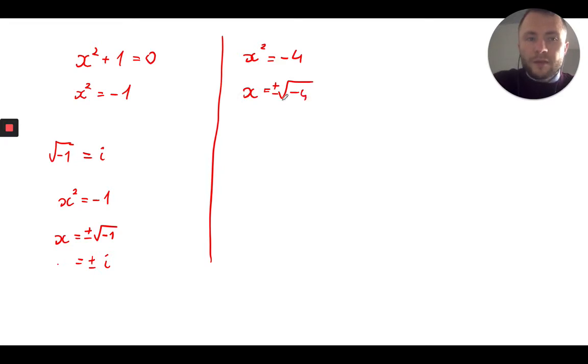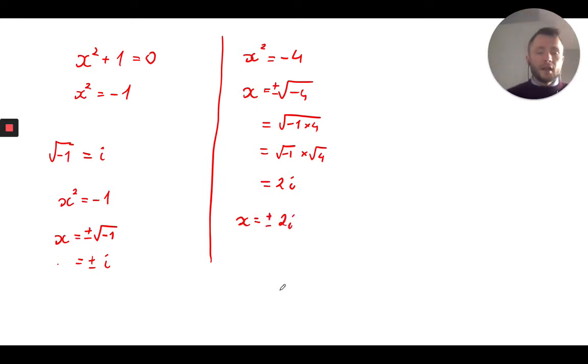And minus 4 can be rewritten as minus 1 times 4, which then can be separated into two separate square roots: the square root of minus 1 times the square root of 4. The square root of 4 is simply 2, and the square root of minus 1 is i. So the solution to the equation x squared equals minus 4 is plus or minus 2i.